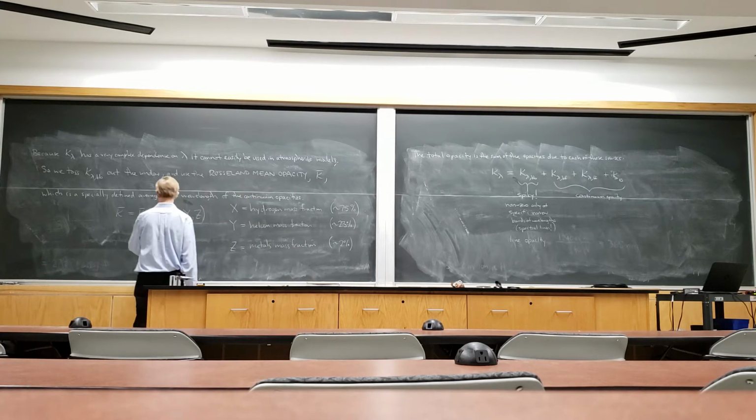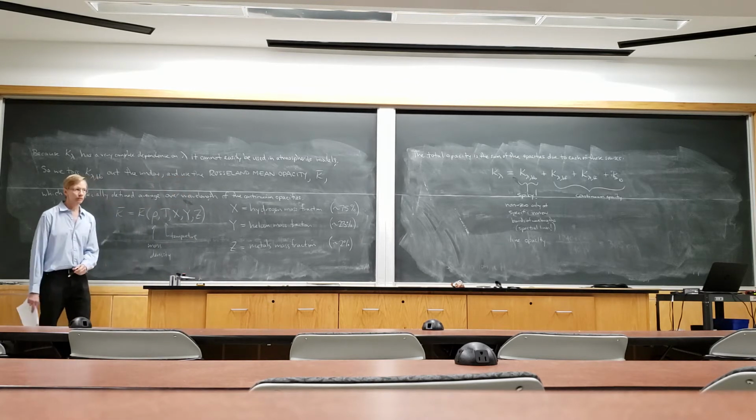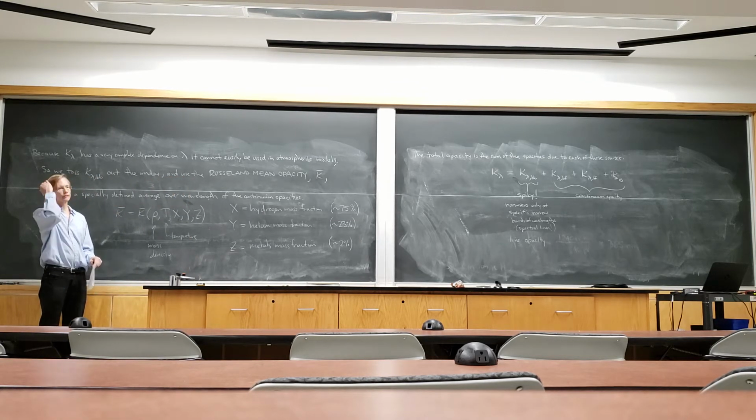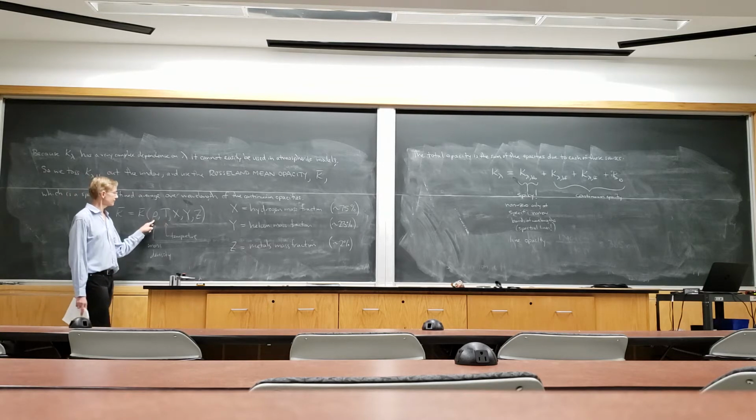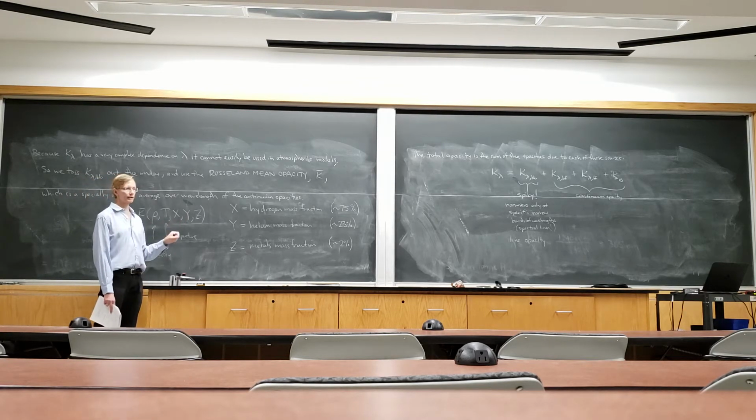And then rho is the mass density. T is the temperature. So in a computer program, one of the things you have to define is what this function is as a function of temperature, density, x, y, and z.